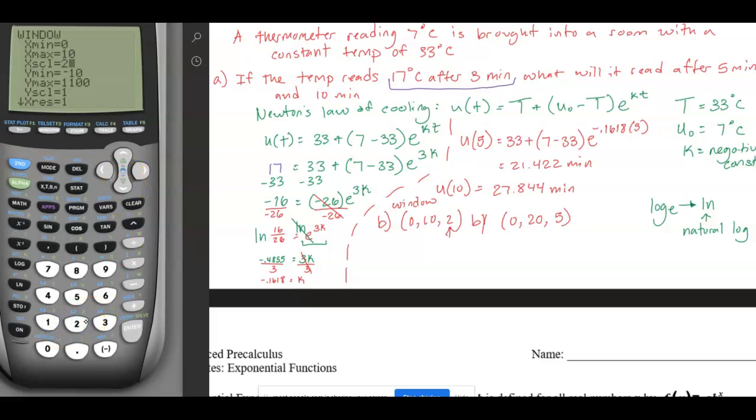So this is like the scale. And then it wants your y values to go from 0 to 20 by increments of 5, the scale. This will make it look exactly like the answer choices. Are there any questions on this problem?